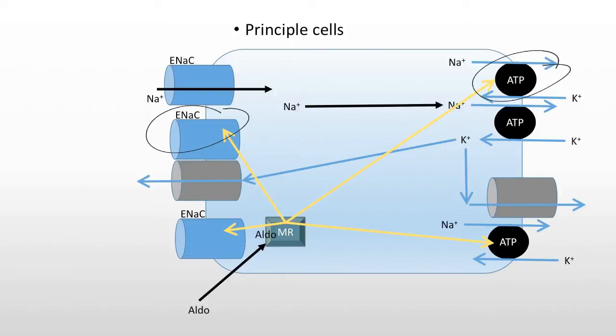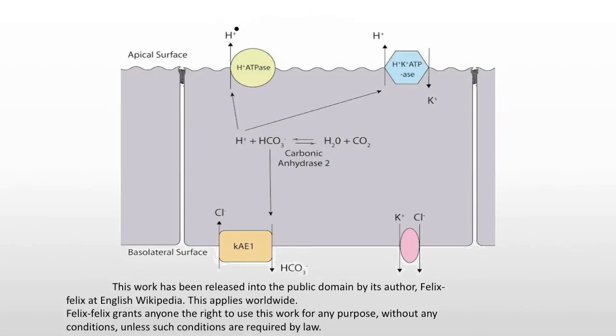And to some extent, it also upregulates the luminal potassium channels. So in this way, it not only changes the electrochemical potential, but it also can change the permeability, favoring potassium to be excreted.